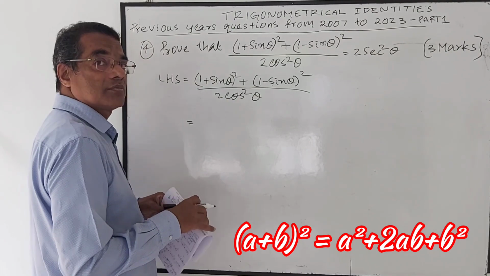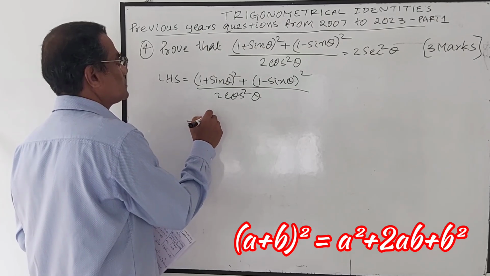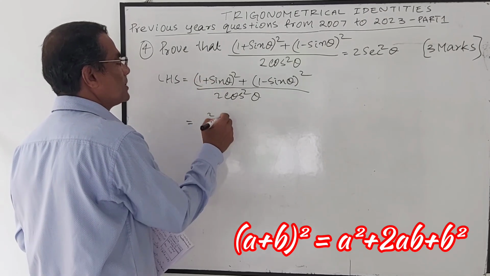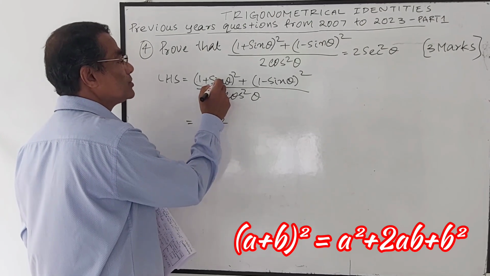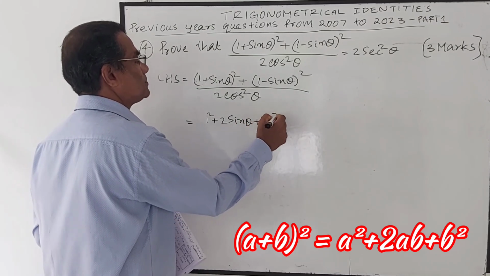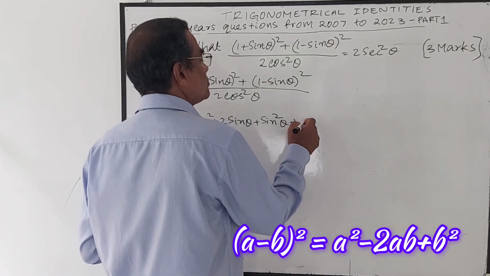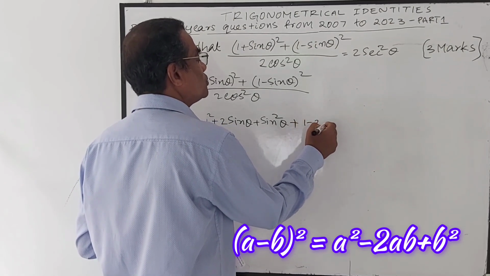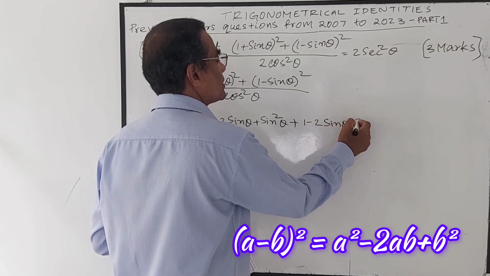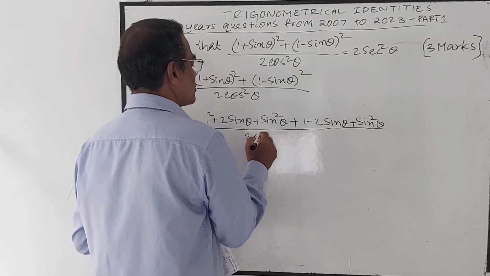Expanding 1 plus sin theta whole square by a plus b whole square will be equal to a square plus 2ab, 2 into 1 into sin theta, plus b square, and this by a minus b whole square will be equal to a square minus 2ab plus b square, whole divided by 2 cos square theta.